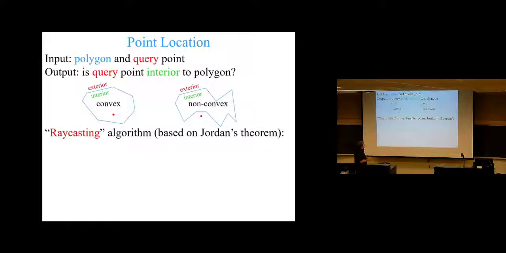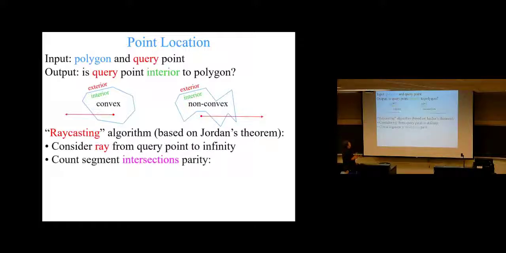By the Jordan curve theorem, there's an interior and exterior to every polygon, every simple closed curve, in fact. So you can raycast. Basically, you start at the point that you're given, shoot a ray out to infinity, and ask yourself, how many times does it intersect the blue polygon? If you're inside, it'll intersect it once if it's convex.